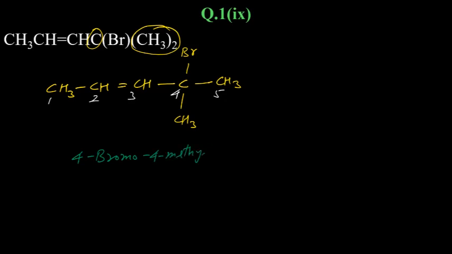If there were no double bond, it would have been pentane, but now it is pentene. And where is double bond? On second carbon. So pent 2 ene.